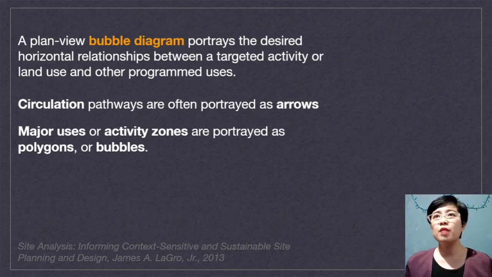So, aside from the bubbles na ang pinoportray niya is activity zones or major uses, or in our case usually kung ano mismo yung name ng room na gusto natin magkakatabi according to the adjacency matrix. Naglalagay din tayo ng pathways or circulation kung paano maa-access itong mga areas na to, which are portrayed as arrows.